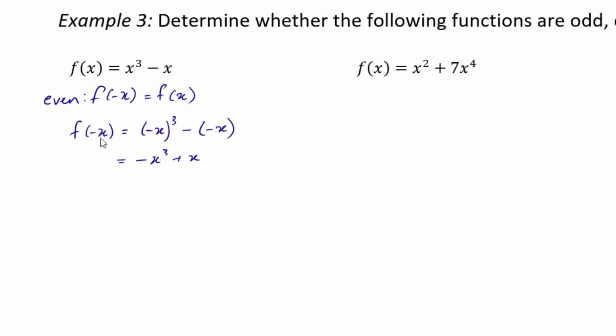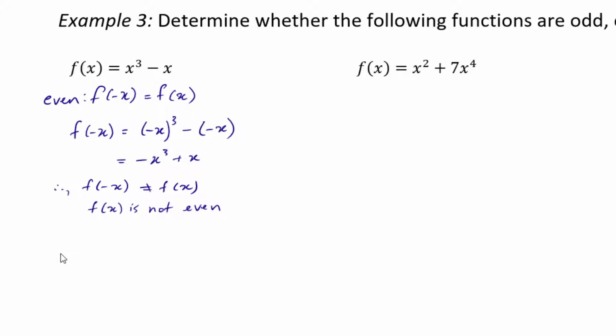So this is f at negative x is equal to negative x cubed plus x. Is that equal to the original function? No, it's not, because the original function had x cubed, and this has negative x cubed. Also, it had negative x, and this is positive x. So therefore, f at negative x does not equal f at x, so the function is not even. So f at x is not even.